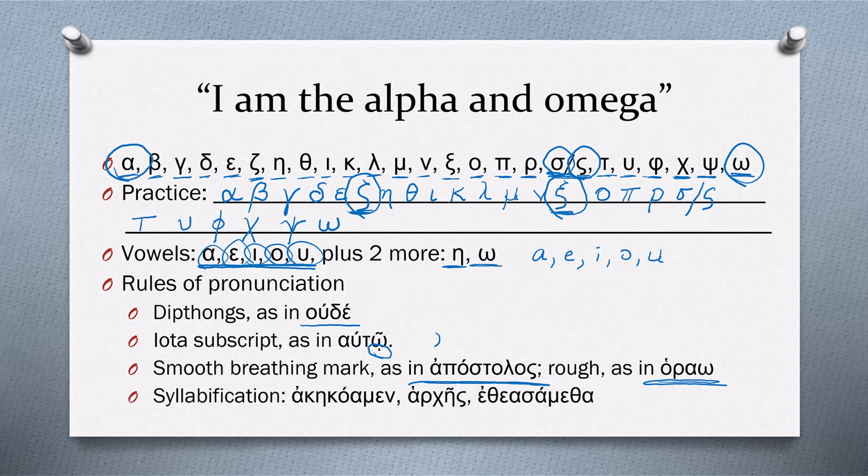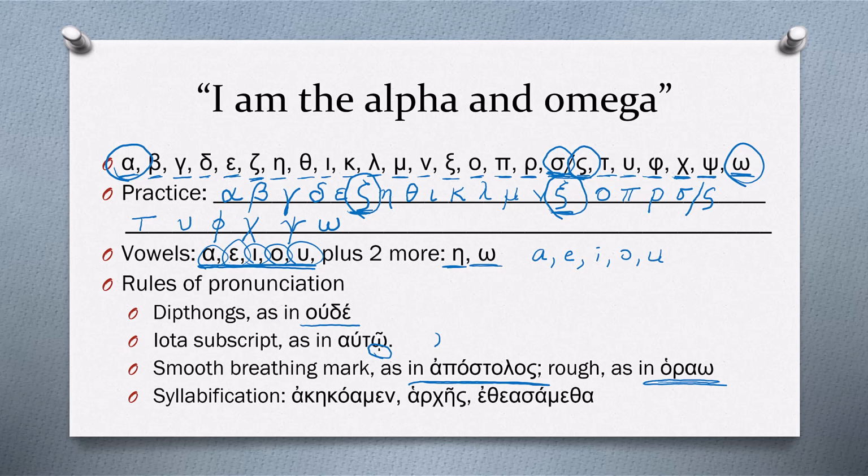Syllabification is also something we want to keep in mind. I believe it's of secondary importance, but as we're going to be seeing a bunch of words that we're not familiar with, it might be helpful to keep in mind how the sounds are related. The most basic rule for syllabification is that generally a syllable ends in a vowel sound, or there's 1 vowel sound per syllable.